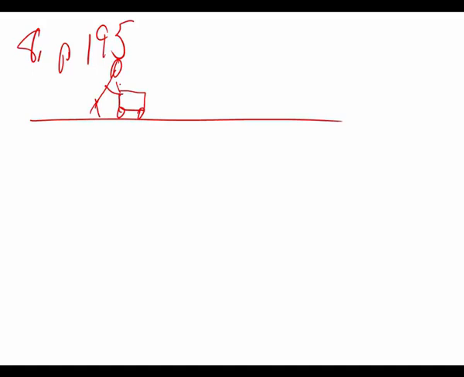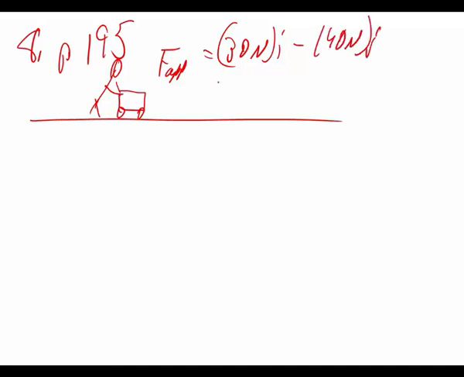Okay, and let's see, the force applied was what? 30 newtons i minus 40 newtons j. And the distance was what? Negative 9 meters i minus 3 meters j. Okay.